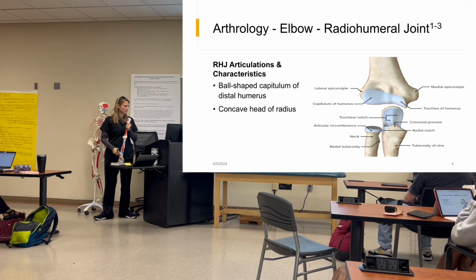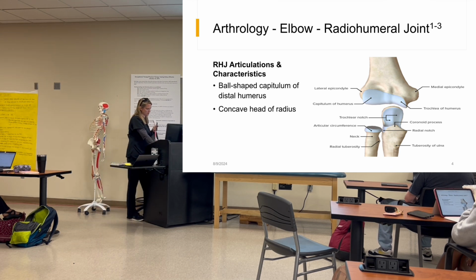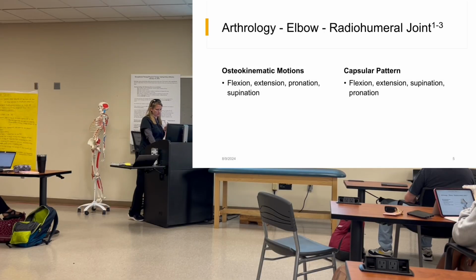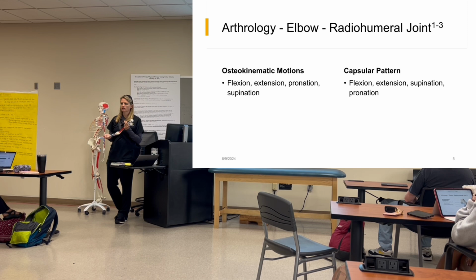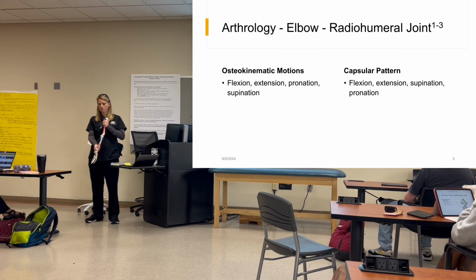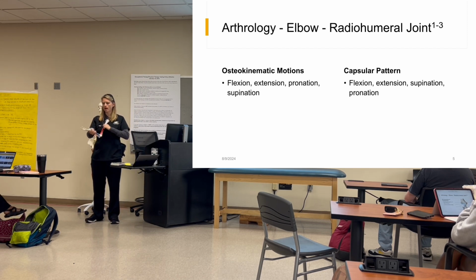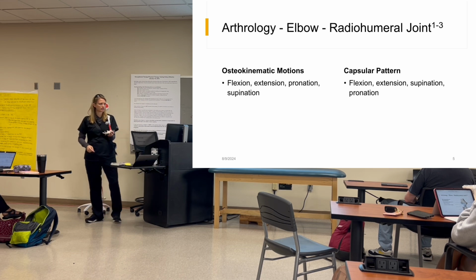So if we're moving into flexion, what would we expect from an arthrokinematic standpoint? If I'm moving into flexion, this is my left elbow. So concave radial head on a convex humerus. What do we have going on arthrokinematically?